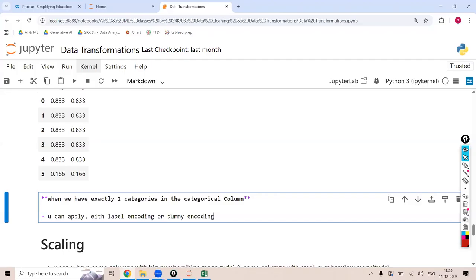Choice is yours. Out of these two, whichever you are interested in, you can apply either label encoding or dummy encoding.